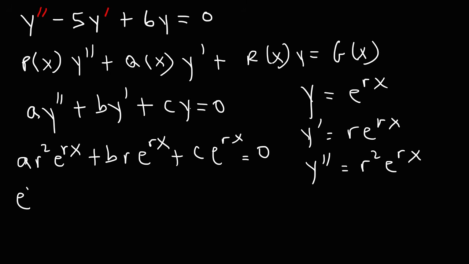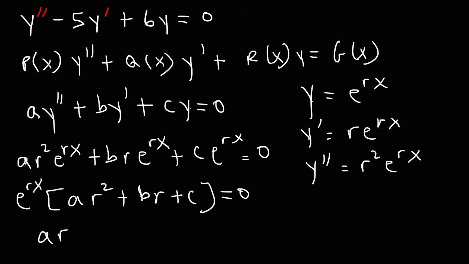So we're going to factor out e to the rx. And so we're going to have ar squared plus br plus c is equal to 0. Dividing both sides by e to the rx, we get this equation: ar squared plus br plus c is equal to 0.